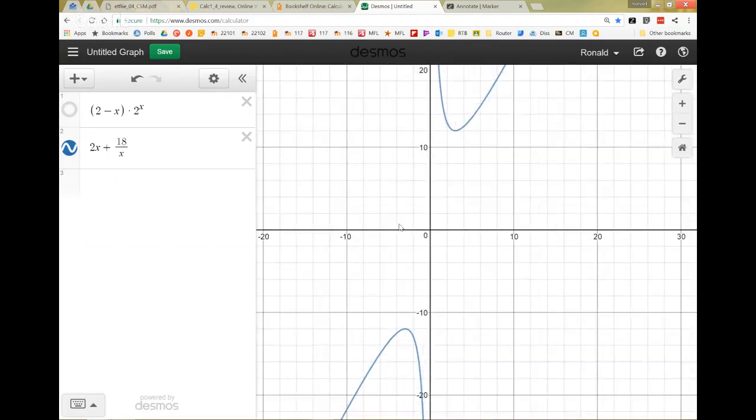So you can see, at negative 3, how we've reached a relative maximum. And at positive 3, we've reached a relative minimum. And what was the problem asking us to do?